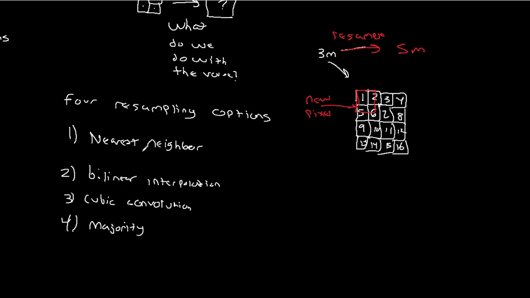Well, the first option was nearest neighbor. The way nearest neighbor addresses this issue is by asking, what is the pixel value of the closest old pixel to the center of the new pixel? What does that mean?